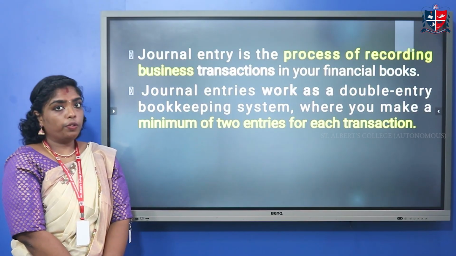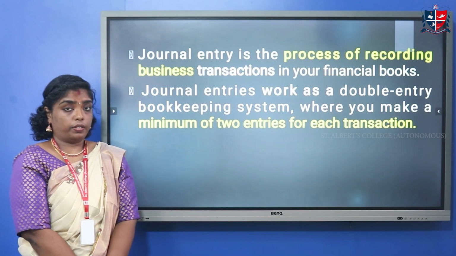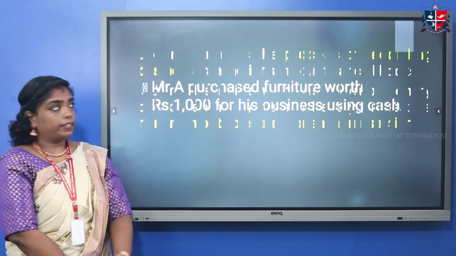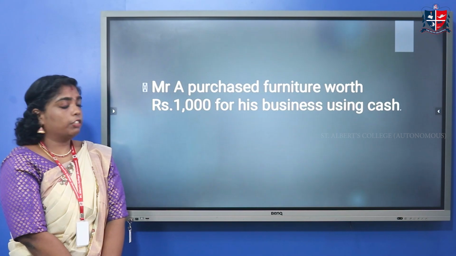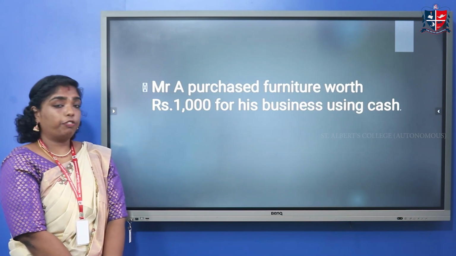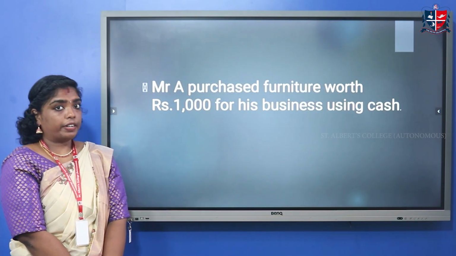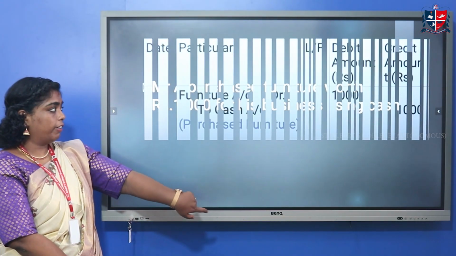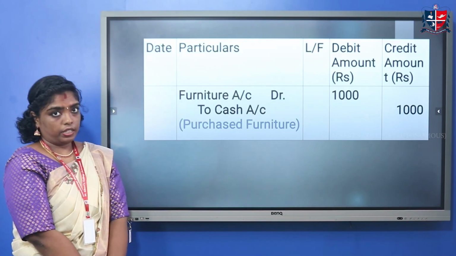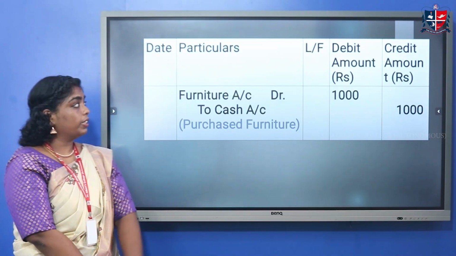It follows the system of double entry, that is, a minimum of 2 accounts should be recorded. For example, purchase of furniture worth rupees 1,000 for business using cash. An example of how to record was given here. Furniture account debited to cash account rupees 1,000. Write the narration, that is, furniture purchased.